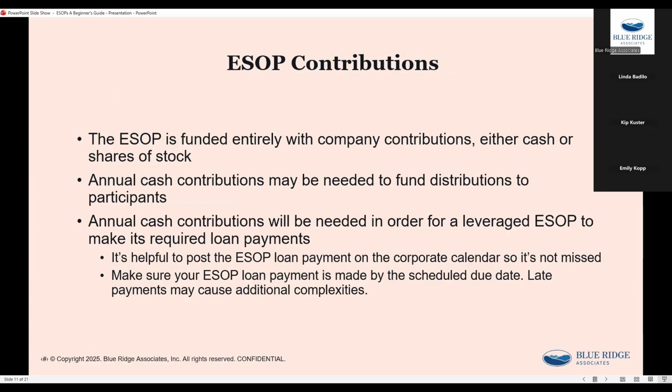So employer contributions to the ESOP, like I said before, are allocated to participants' accounts each year, in accordance with your plan's specific allocation provisions. Typically, this can be based on a participant's compensation, or maybe it's points, or maybe it's a combination of the two.